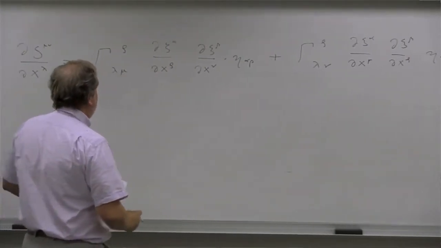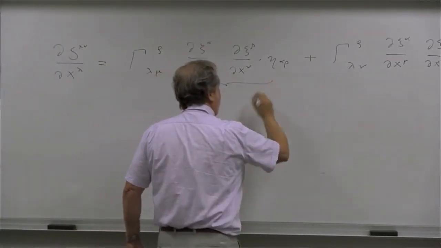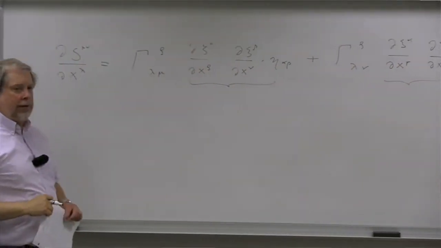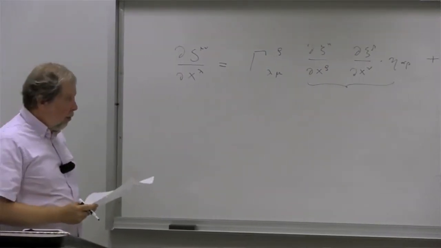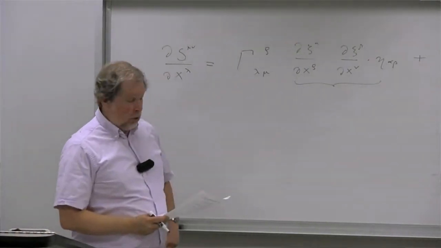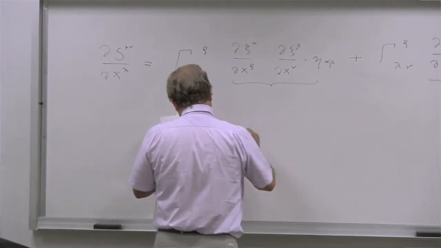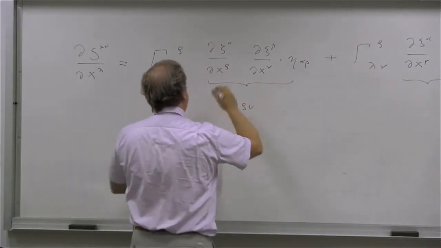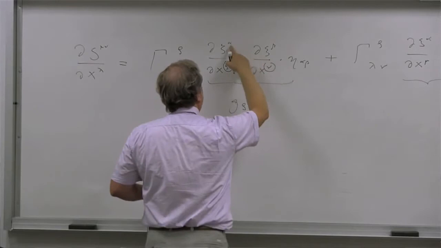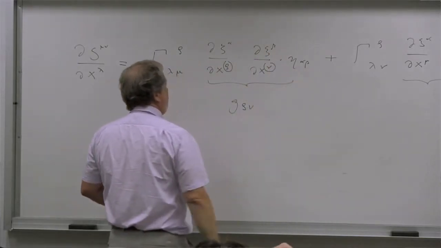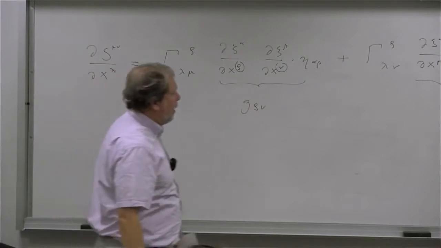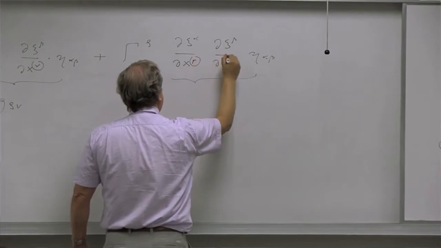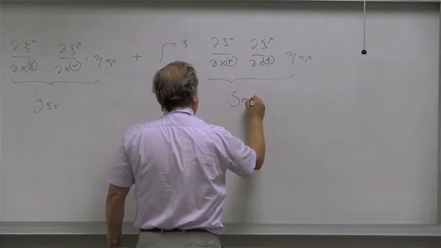Well, that has simplified things a little bit, because now we recognize that this and that are equal to what we just defined a moment ago to be our metric. So this is in fact equal to g rho nu. The alpha and beta are summed over, and so this is our g rho nu of x. Similarly, in this case, the alpha and beta are summed over, and we have the mu and rho, and so this is our g mu rho.